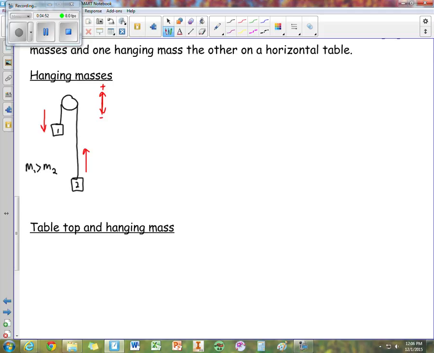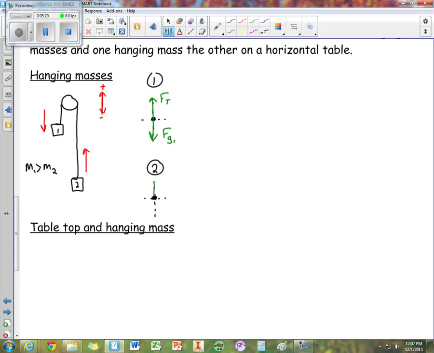The first thing you have to do is create a free body diagram for each of the objects. So for object 1, we would have a tension force pulling up and a gravitational force, Fg1, pulling down.